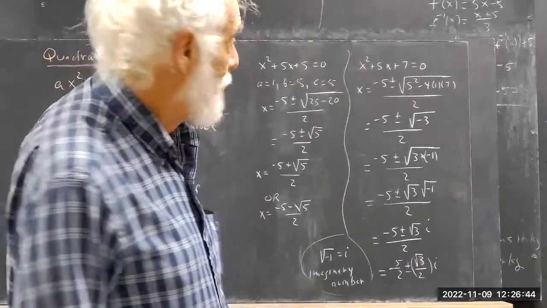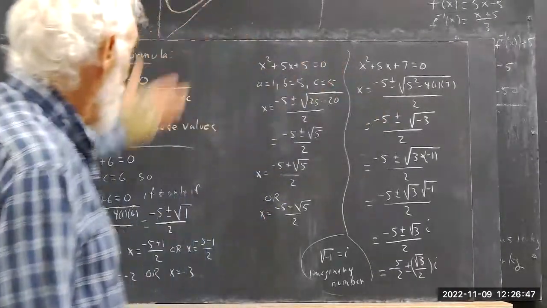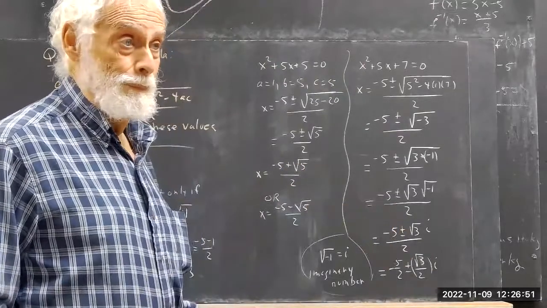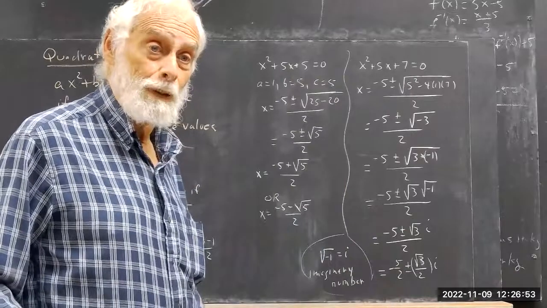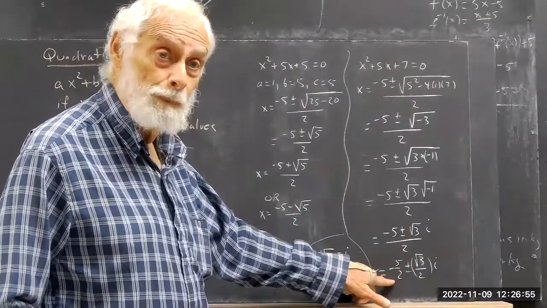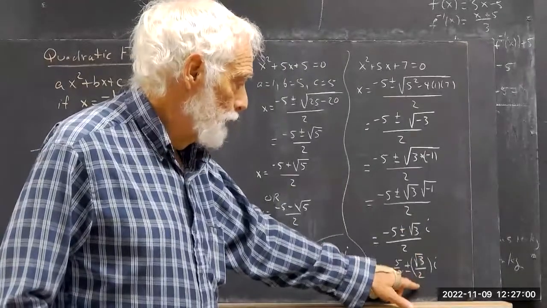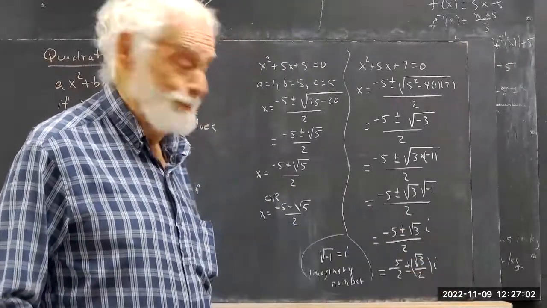Okay. So this thing has a solution no matter what numbers you put in. Sometimes it's real, sometimes it's complex. This is complex. There's a real number and a complex number. The square root of 3 over 2 times i is a complex number.